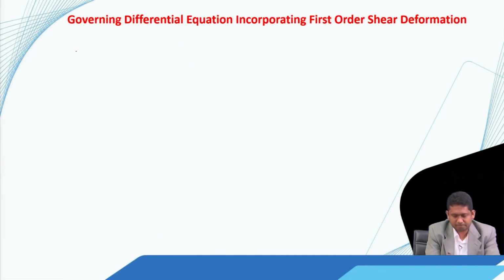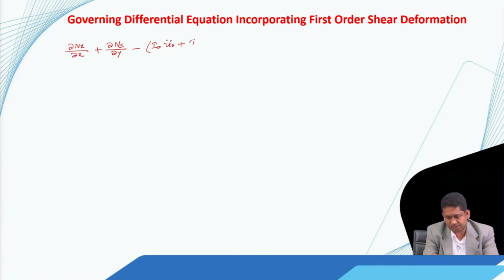So, the in plane equations are: del n x by del x plus del n s by del y minus I 0 u 0 double dot plus I 2 psi x double dot equal to 0. Here we can see previously it was minus I 2 into del w double dot by del x, because psi x was minus of del w by del x.